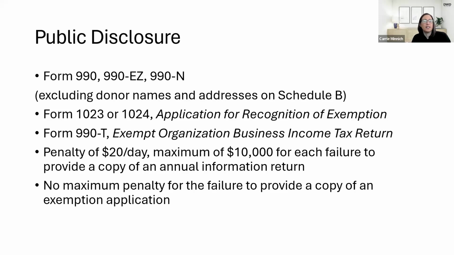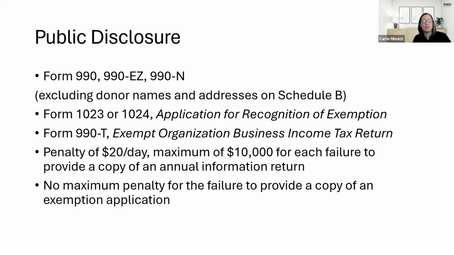And as I noted, it is a public document, so that means anyone can get access to your Form 990. The IRS has recently made nonprofit organization 990s available, so you can go search for an organization on the IRS website.